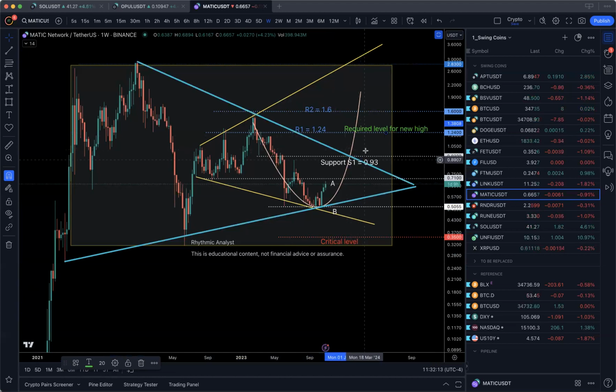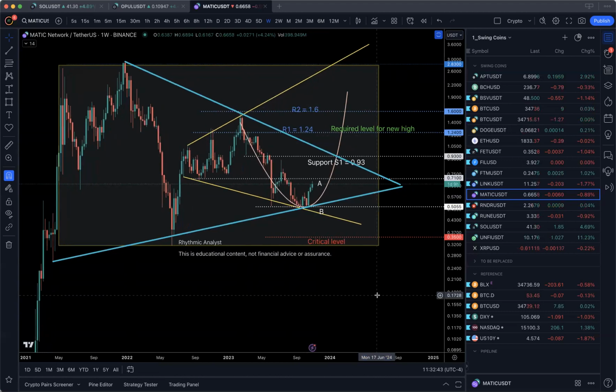So getting S1 is important for Matic, isn't it? Because we would like to see it close above this downtrend line. And since it had this rejection, it must cross this R1, R2. Makes sense.